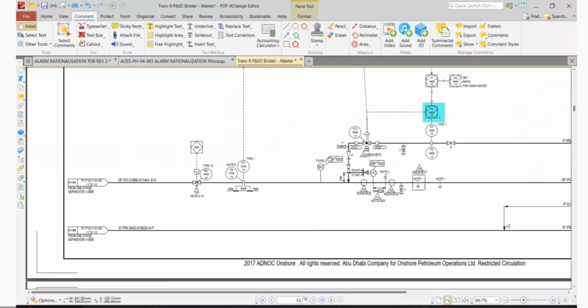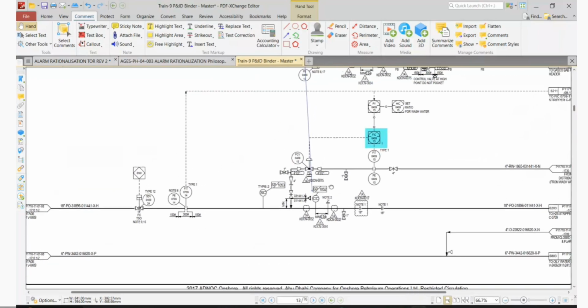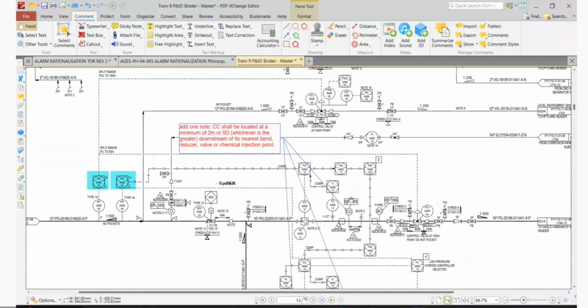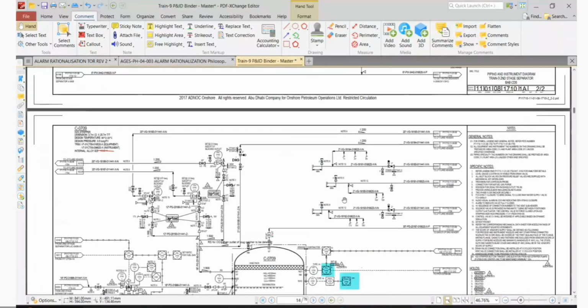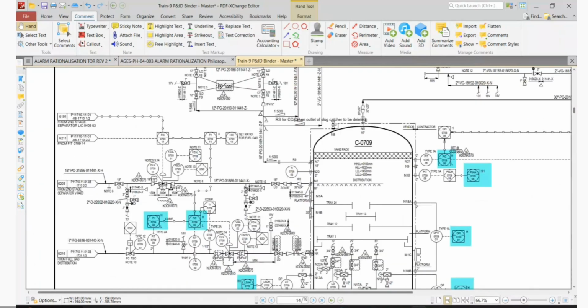Yeah, this one. It will be on the stripper on that next P&ID. Next P&ID. There you go. That FCV, it's actually cascading to a flow control, right? So it's an FCV 70911.